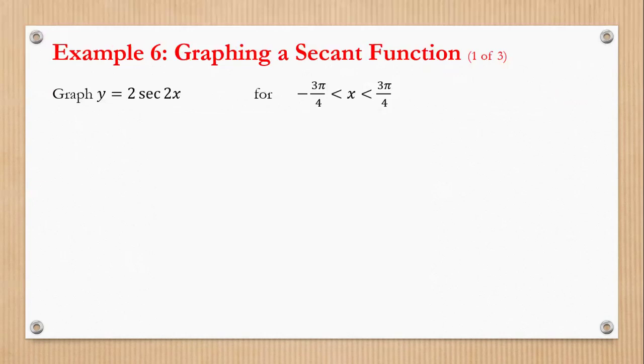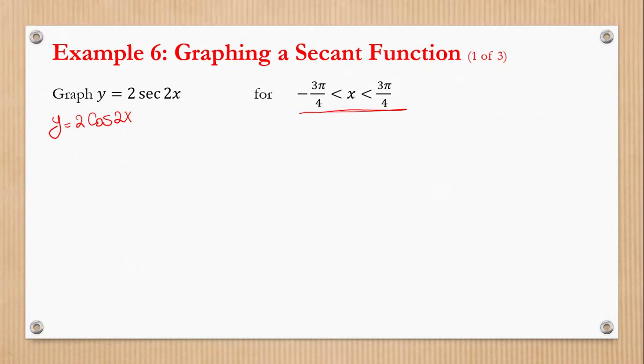So I'm going to graph y equal to cosine, because I know that the cosine is the reciprocal of the secant. I will graph this one, and based on this, I will graph the secant later. And we need to graph it just from -3 pi over 4 to 3 pi over 4.